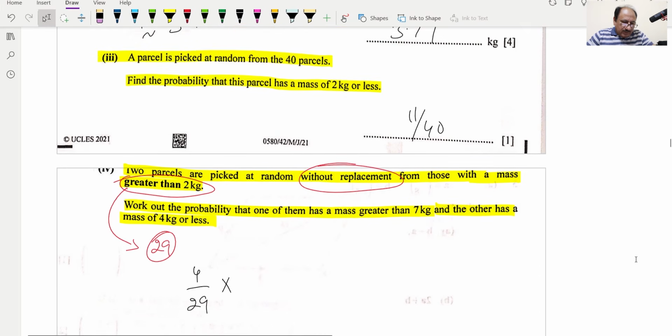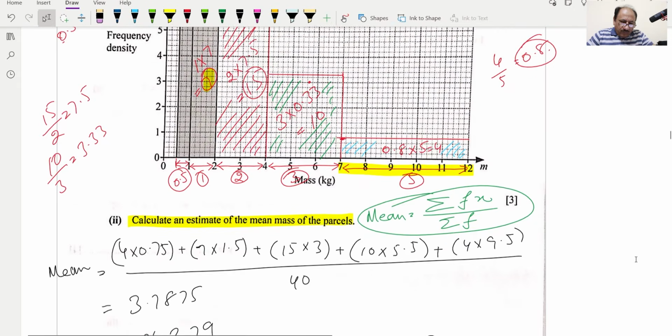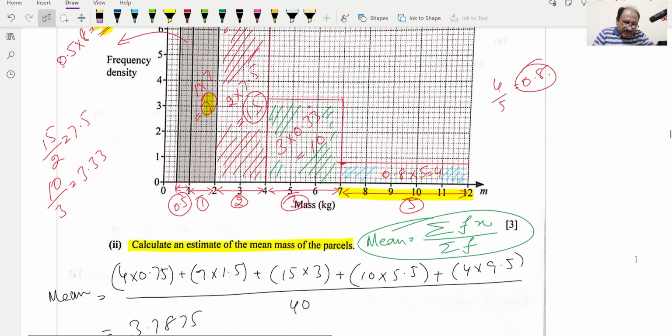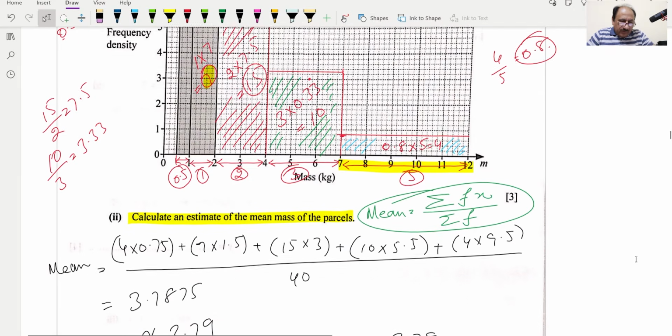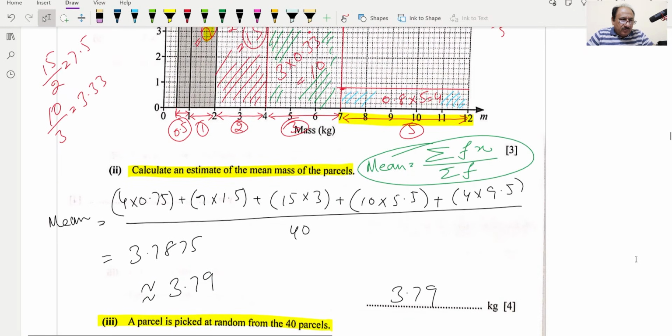So 4 kg or less is what? 4 kg or less is basically 15. So 15 out of 28.